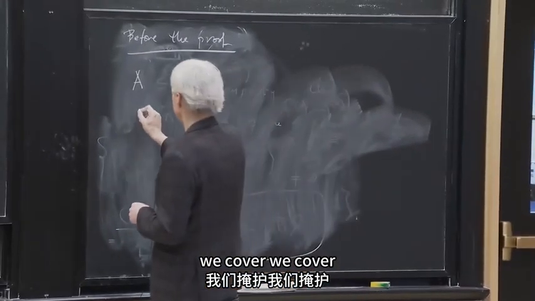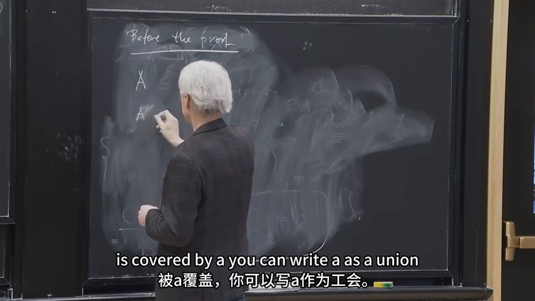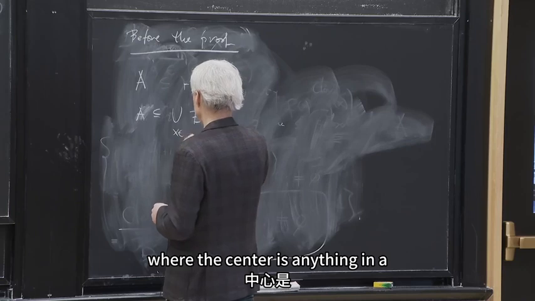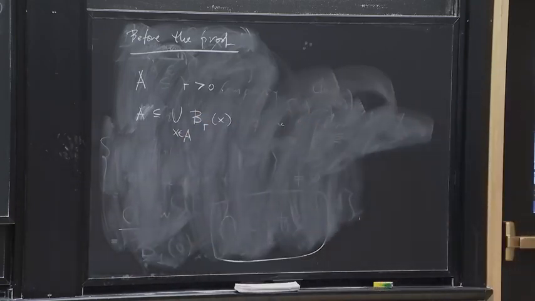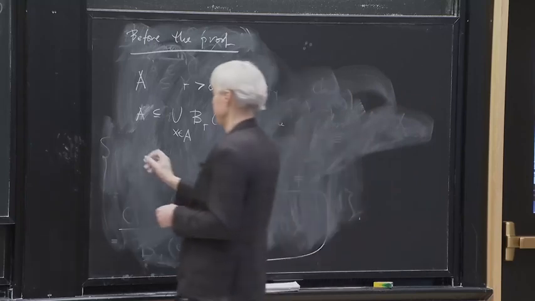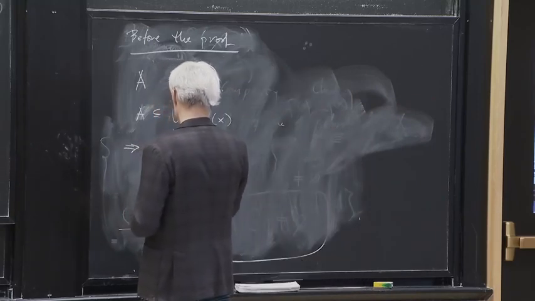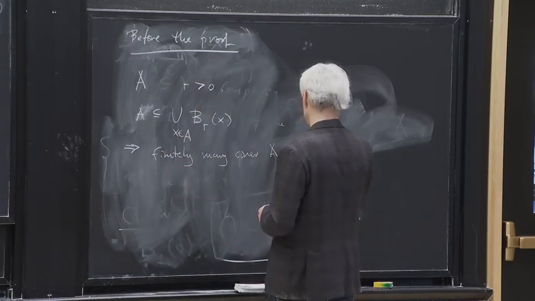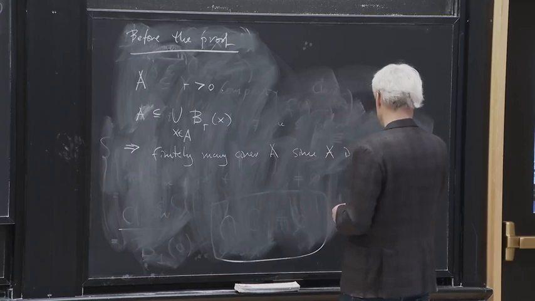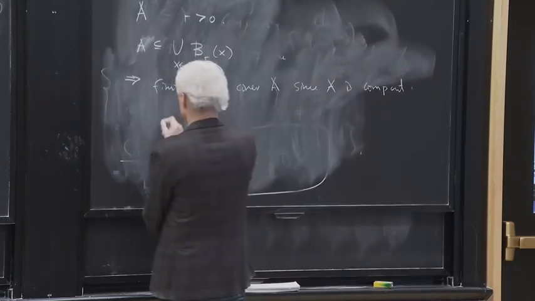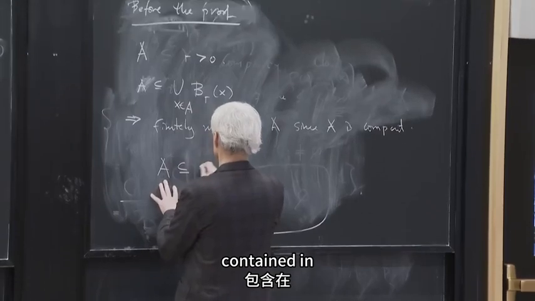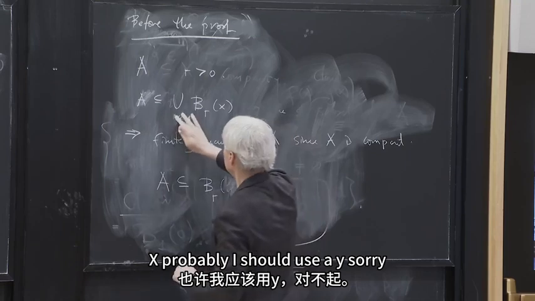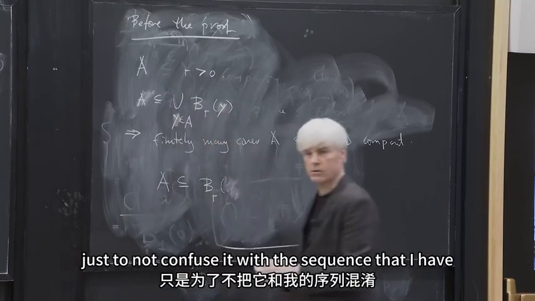A is covered by these balls, where the center is anything in A. So again, that covers A, and since A is compact, this means that finitely many cover A. So I can write A as contained in the union of balls of radius R. Now I have to be careful because this is not the X. Probably I should use a Y here, sorry, just to not confuse it with the sequence that I have. Okay.